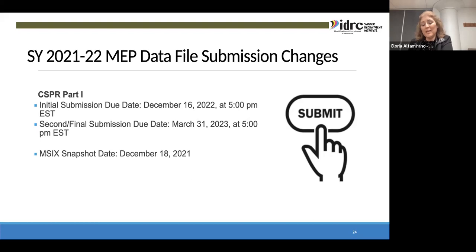And then on December 18th, M6 does their snapshot date. You want to make sure that your data is correct at that time, because that is what OME compares to see if your data is accurate and it's the way it should be. And so after that, then I'm sure that when you go to report your information, you have to go through the first submission and then the final submission.